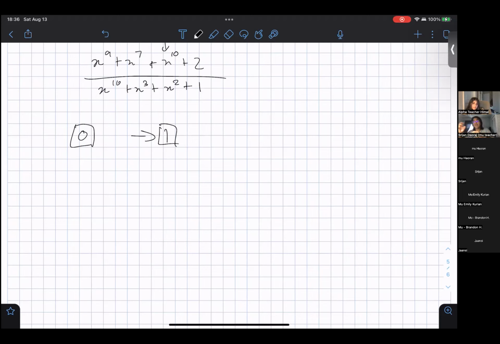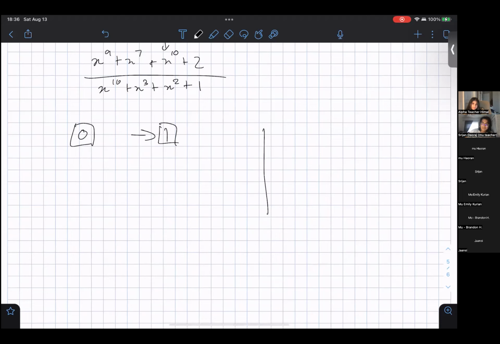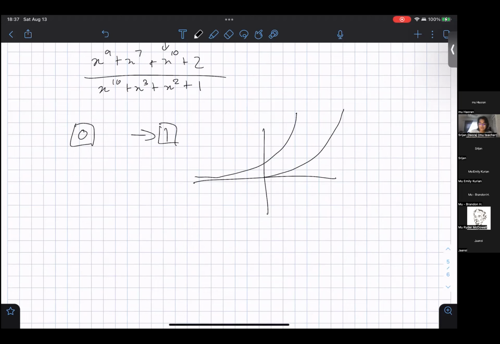But as you go farther and farther towards infinity, an exponential function is going to grow faster than a polynomial. An exponential function might look something like that, whereas a polynomial will look like something like that. So if you plug in, for example, x equals 4, this function's all the way up here.